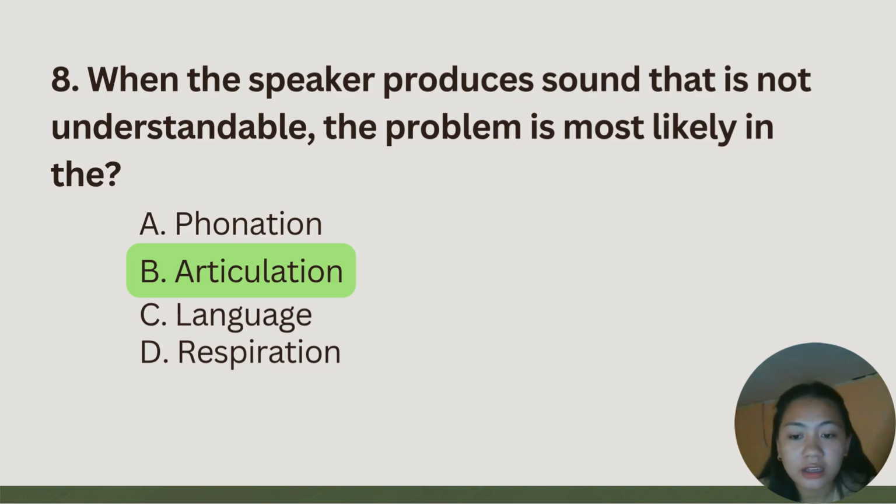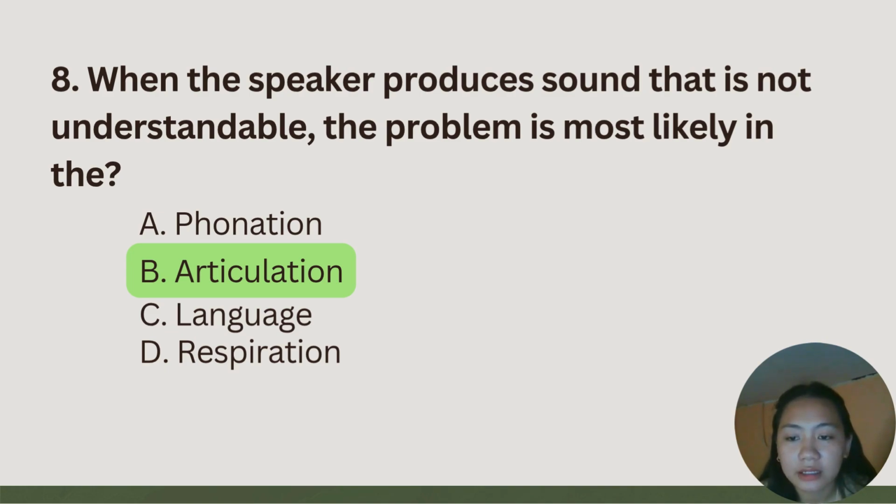So why are the other options incorrect? Letter A, phonation. Phonation refers to the production of sound in the vocal cords. If there's no sound at all, maybe phonation is the issue, but unclear words point more to articulation.